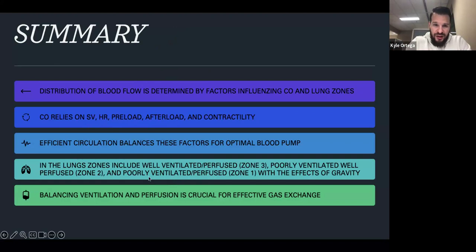Zone 1, poorly ventilated, poorly perfused. Zone 2 is poorly ventilated, well perfused. And zone 3 is well ventilated, well perfused with the constant blood flow from the effects of gravity. And balancing ventilation and perfusion is crucial for effective gas exchange. And that's the end of this video.